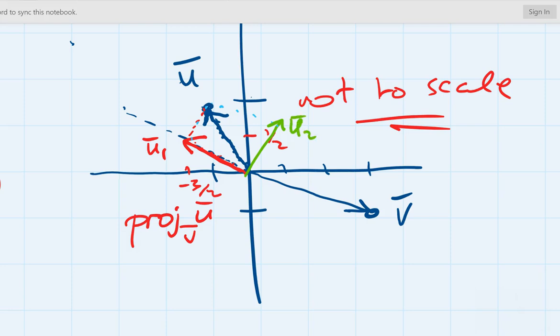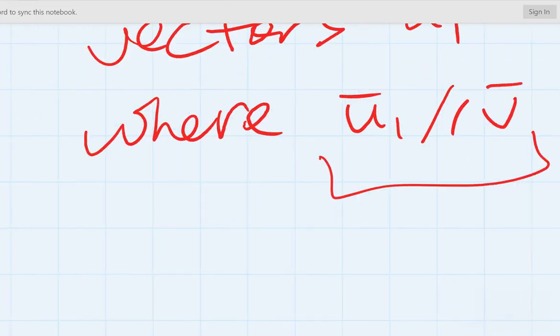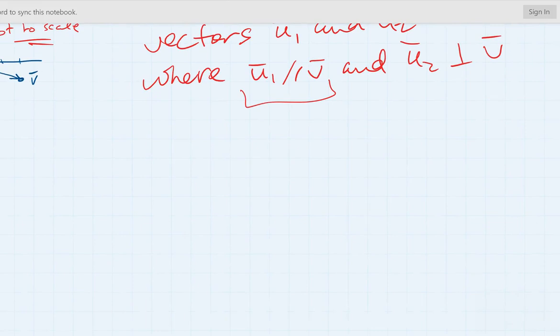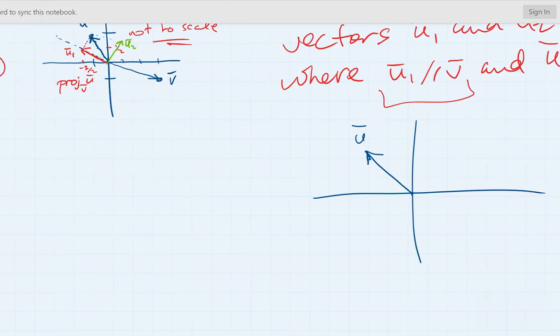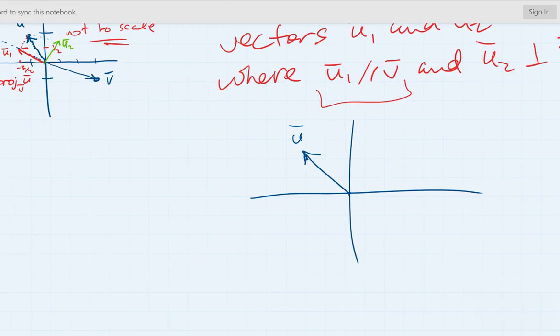Okay, so let me redraw this so that it makes more sense. I'm going to assume U looks like this. Here's U. And then the projection was in red, like that. And now a vector perpendicular to that is in green here.